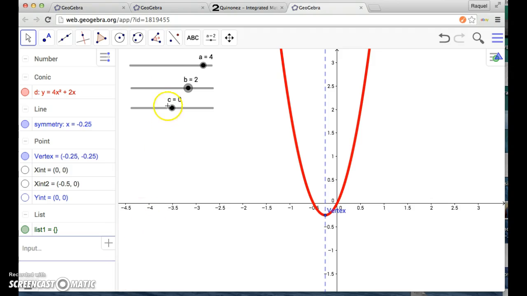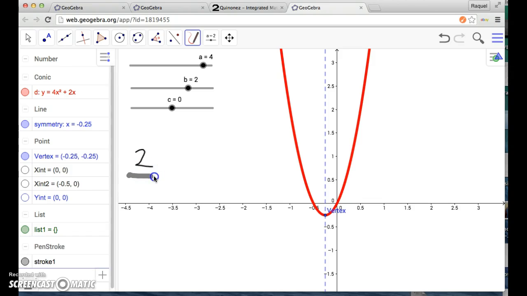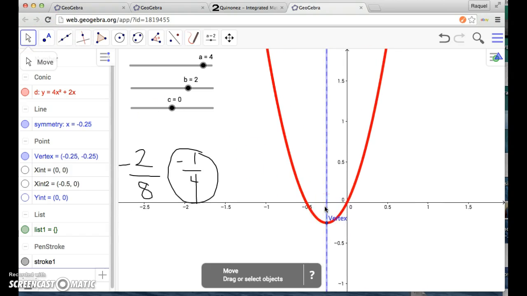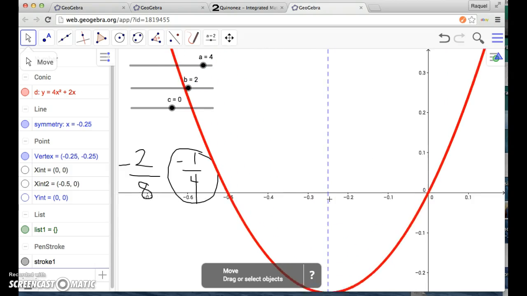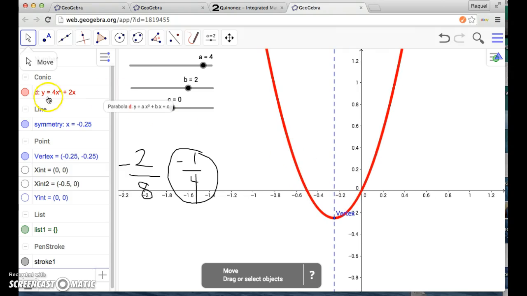Then you can cut both of those in half. So the axis of symmetry is negative 1/4. And look at that, x is negative 1/4. It works for every parabola that's in standard form.